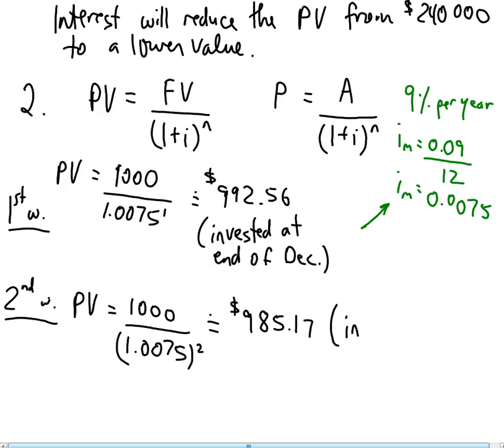Key though to remember is that this $985 is also invested at the end of December. So for the initial startup of the investment, all the money needs to be there. We're just looking at different sums, each invested individually, to produce the individual withdrawals.